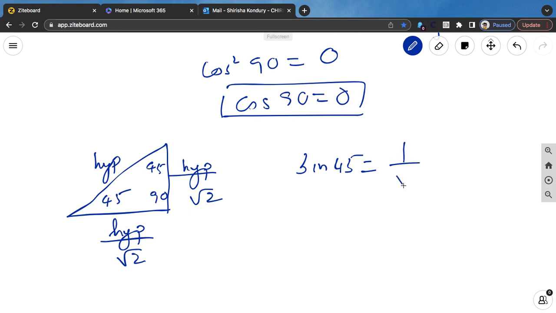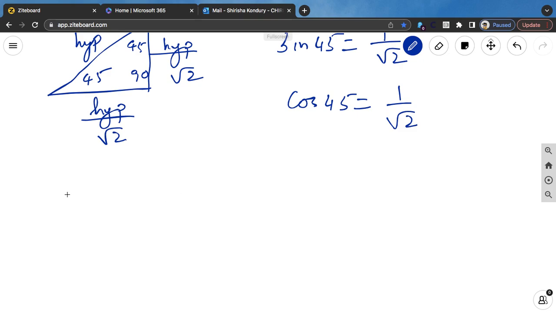If I divide, I get 1 upon root 2. Cos of 45 is adjacent side upon hypotenuse. Again, 1 upon root 2. Both are equal, which makes sense because it's an isosceles right triangle, so opposite and adjacent side have to be same. Again here, I am not going to define sin 90 and cos 90 because we've already defined that.